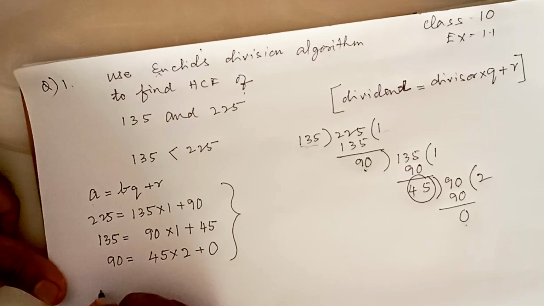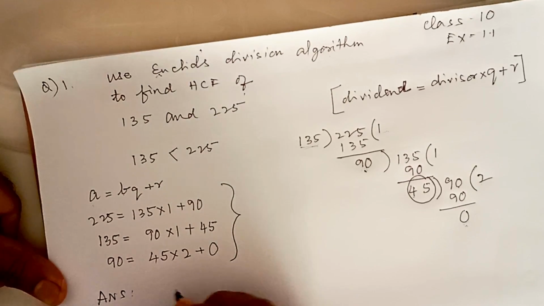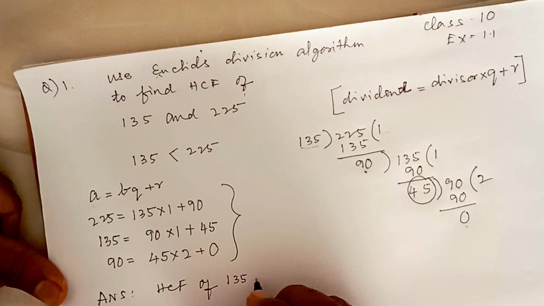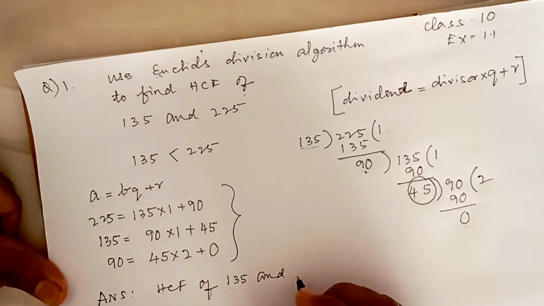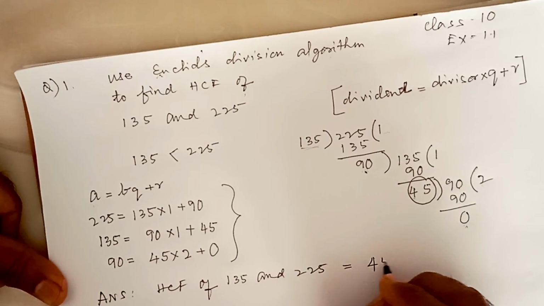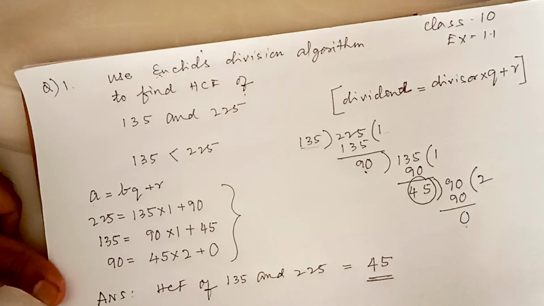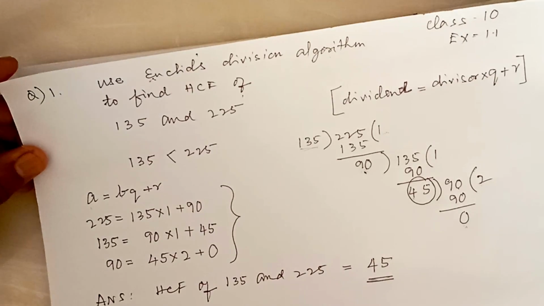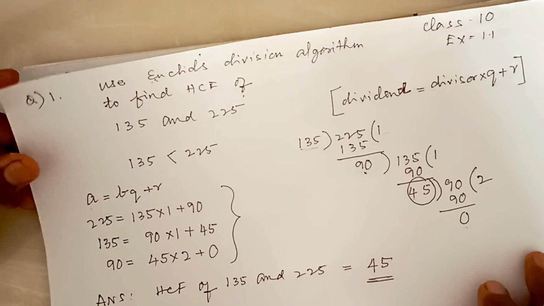The answer is HCF of 135 and 225 is equal to 45. This is the answer. Now we will go to the second question of the same question number 1.